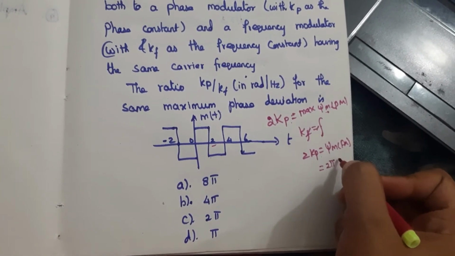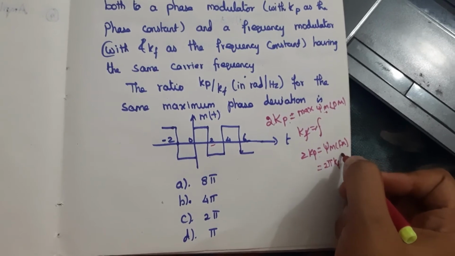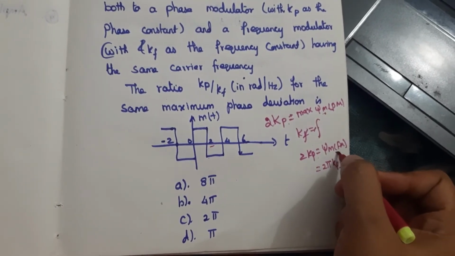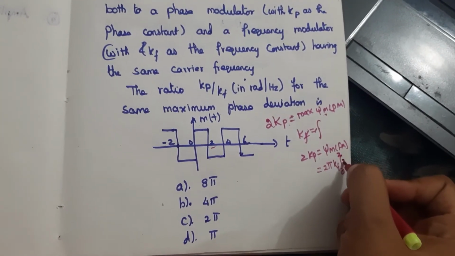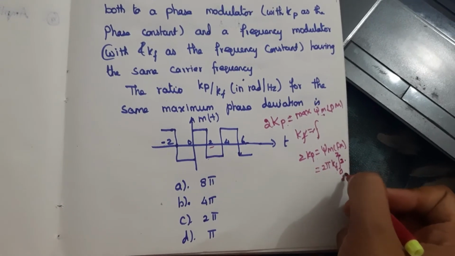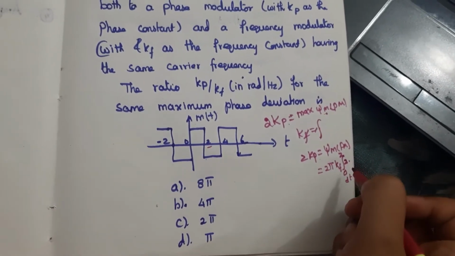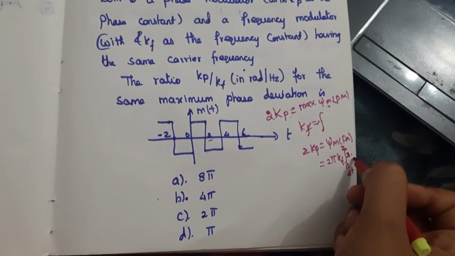In the case of FM, it is equal to 2 pi kf times the integration from 0 to 2, that is the time period, of 2 dt, where 2 is the maximum m of t value.